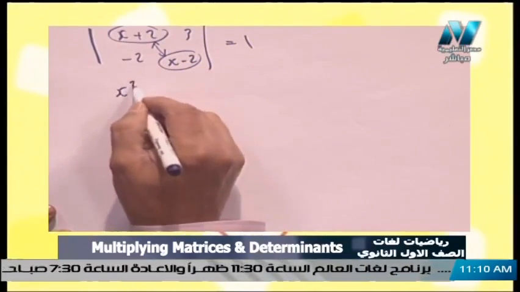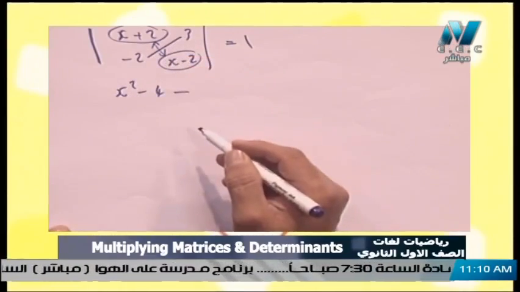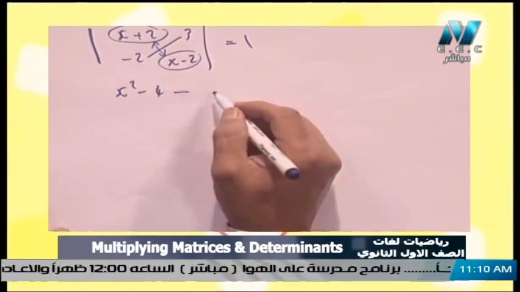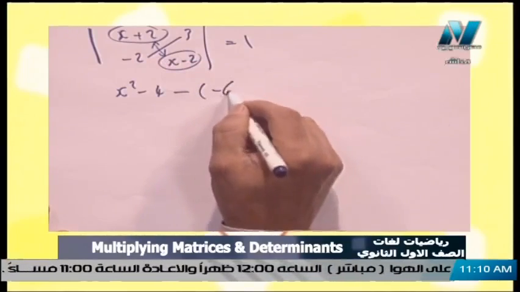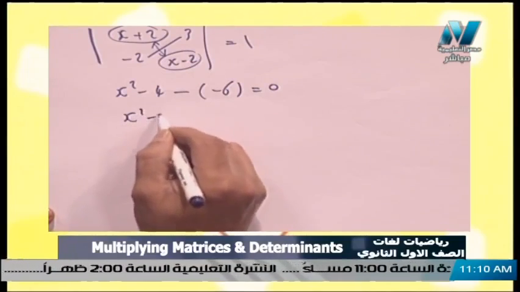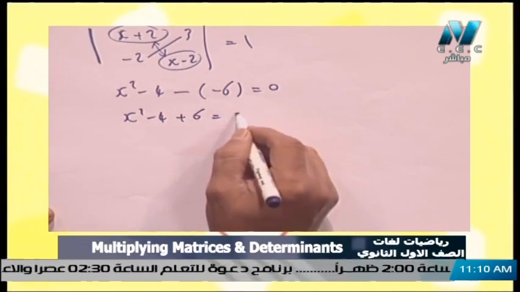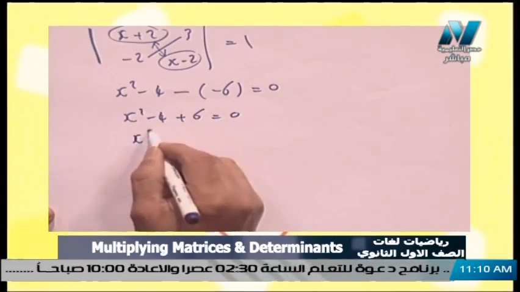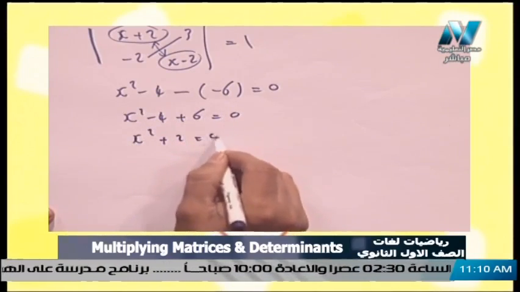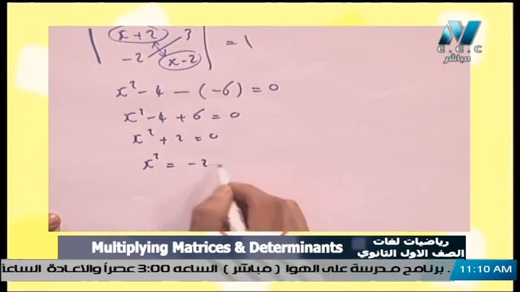You will have x^2 - 4 minus what? 3 times negative 2, negative 6, equals 0. So x^2 - 4 plus 6 equals 0. So x^2 + 2 = 0. x^2 here equals negative 2.